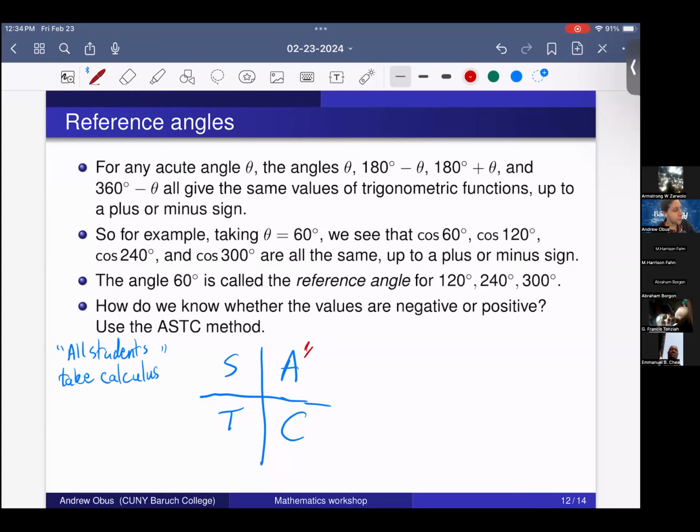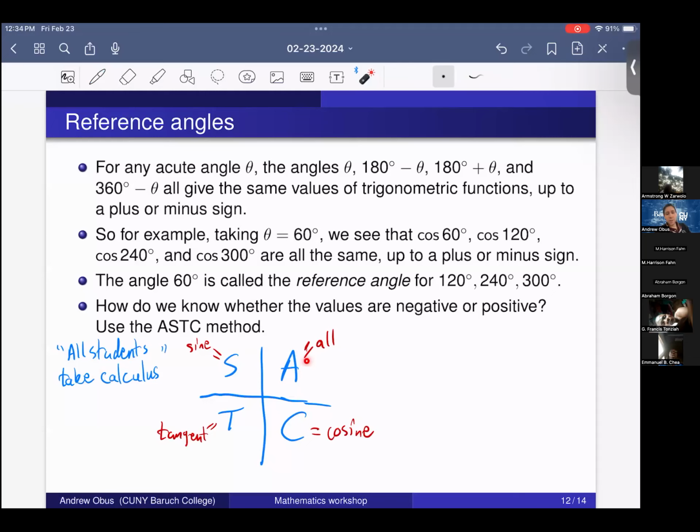And what do they stand for? Well, the A here stands for all, the S stands for sine, the T stands for tangent, and the C stands for cosine. And what this tells you is, if the angle is in one of these quadrants, which trig functions have positive values?